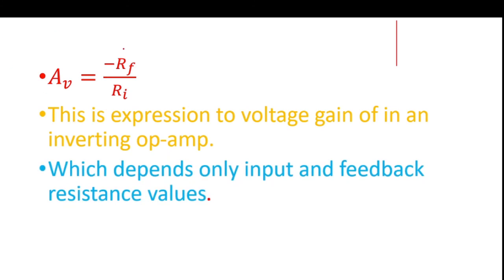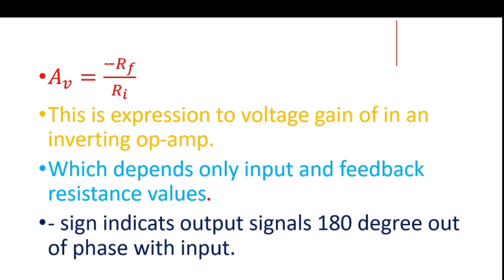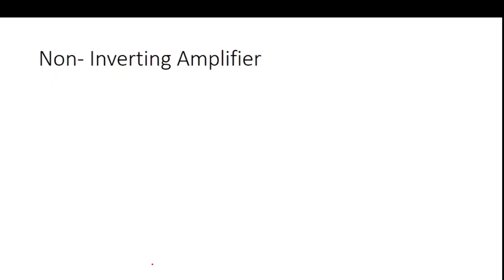So the voltage gain depends only upon the values of the feedback resistor and input resistor. If you vary the Rf and Ri values, AV also changes. Then the negative sign indicates the output signal is 180 degrees out of phase with the input.